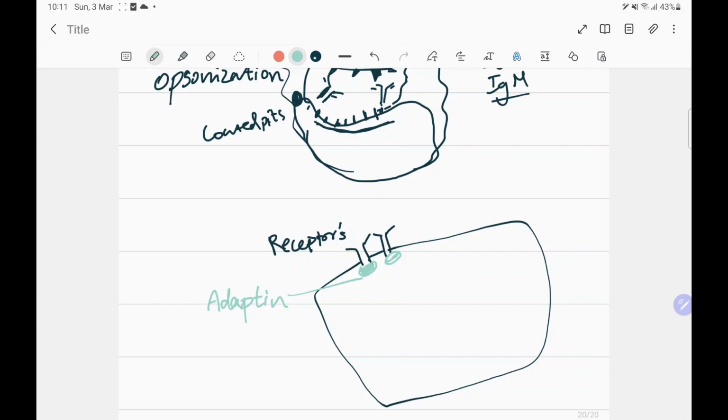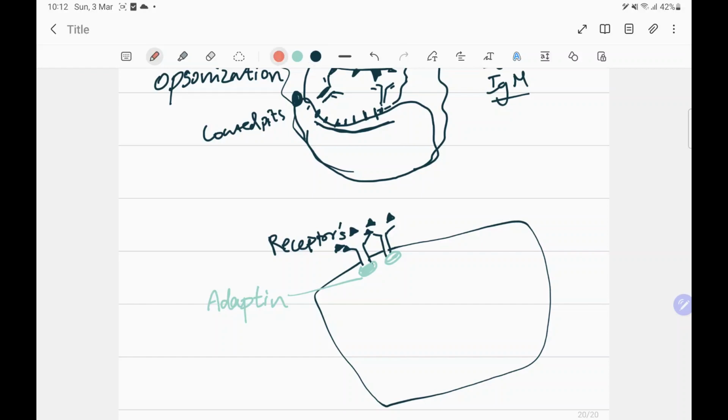And what happens is when the receptor binds to a certain antigen, let's just draw these little triangles, little nacho chip looking antigens, because nachos are quite delicious. So they bind to these little receptors. This activates the receptor, and adaptin is bound to these receptors.